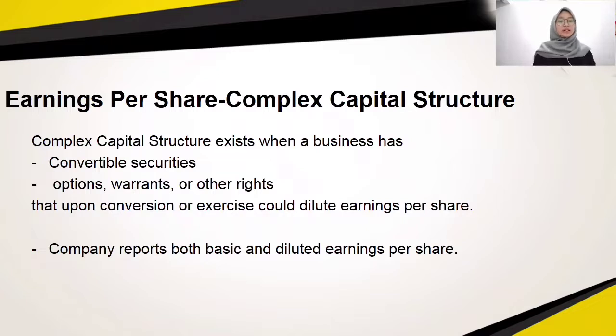The company reports both basic and diluted earnings per share. The diluted EPS includes the effect of all potential dilutive ordinary shares that were outstanding during the period. Companies will not report diluted earnings per share if the securities in their capital structure are anti-dilutive.